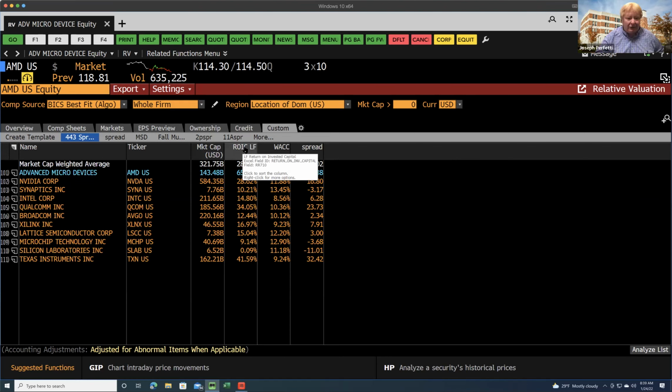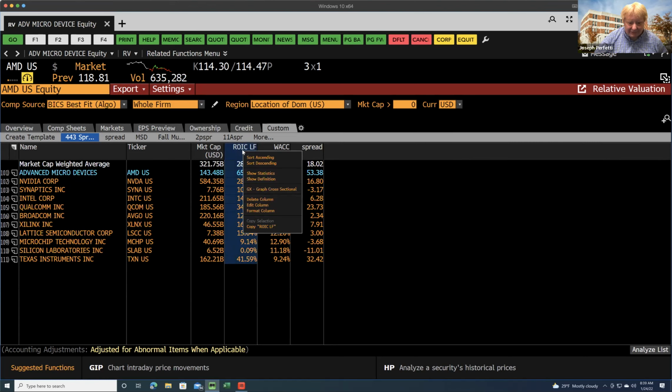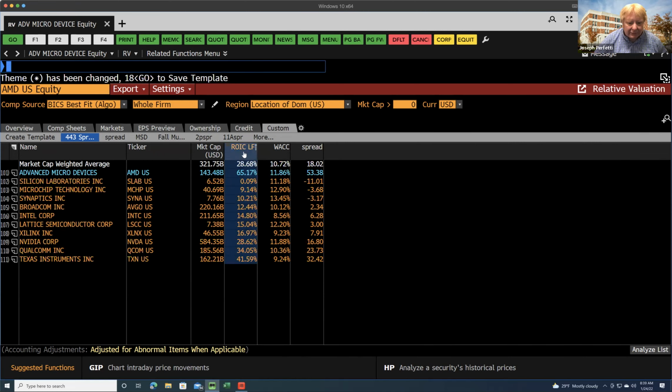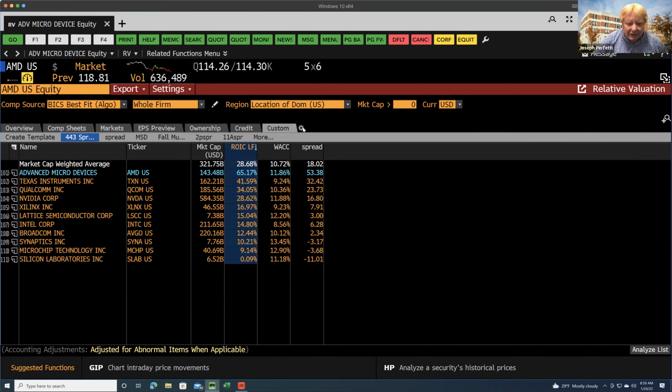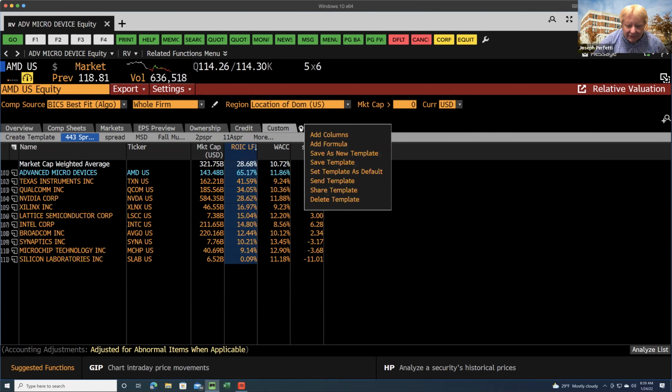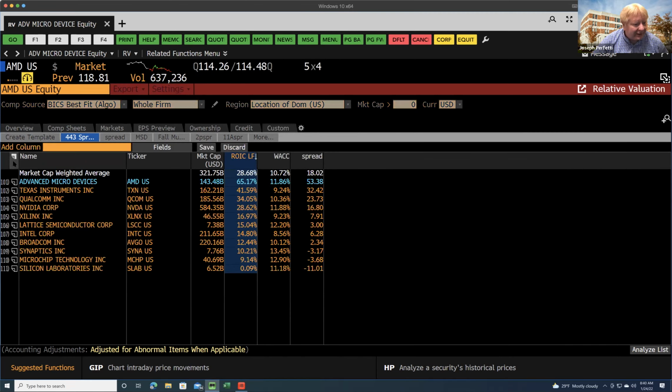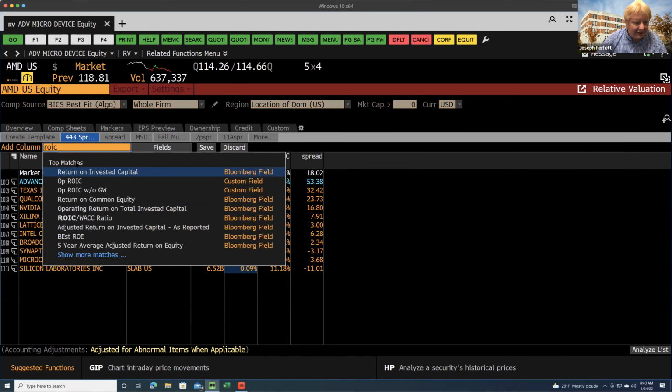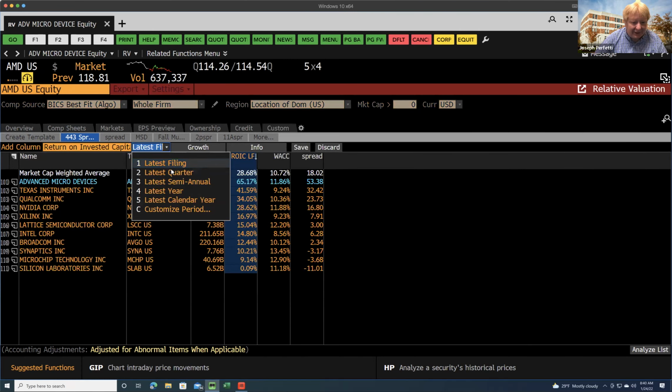If I wanted to go to a different time period, I could right click on this and get more data. I can't right click on this. All right, so click on the gear again, and then I can add a column, the easiest way to do it. And when I add a column to my saved template, I can go back to ROIC. When I click on ROIC, I can do the latest quarter, so just 3 months worth of data.